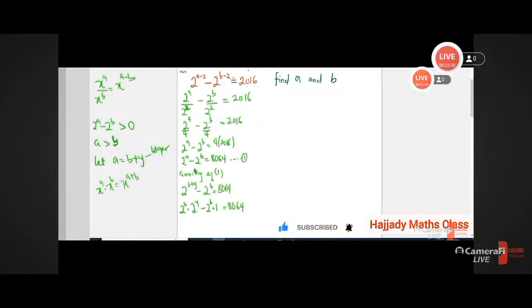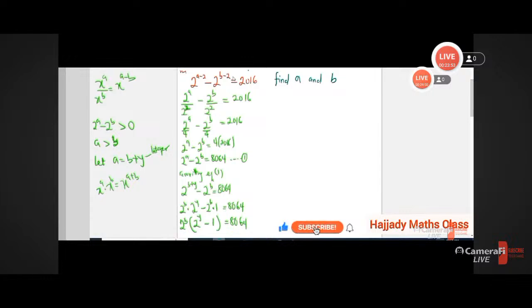With this, factorizing out 2 raised to power b, which is common, I'm going to have 2 raised to power b into bracket 2 raised to power y minus 1 equals 8064.